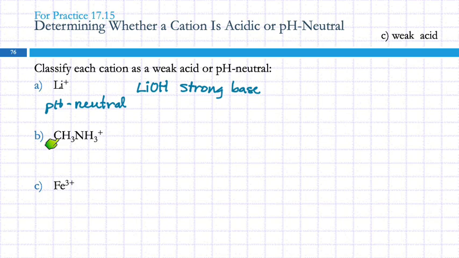What about this guy? What happens if we slap an OH on it? Is that a strong base? No. Not a strong base. What do we get when this acts as an acid?